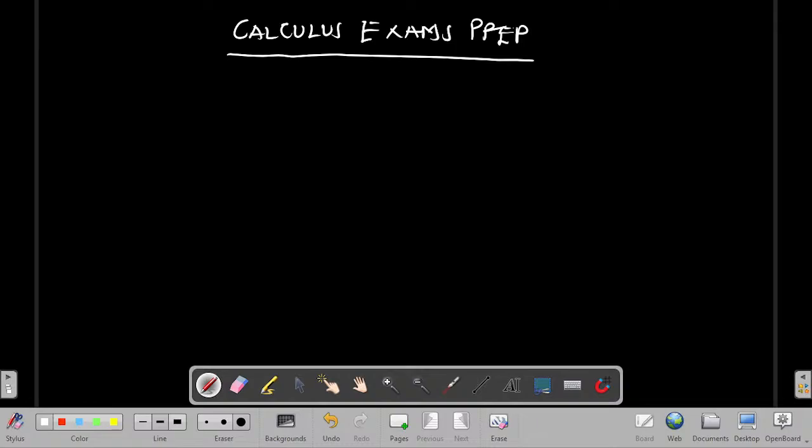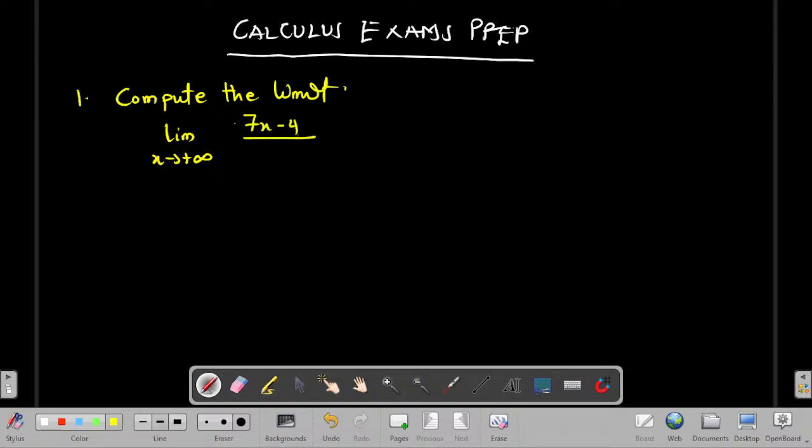Okay, so let's solve this problem. Compute the limit. I have a function here: the limit as x approaches positive infinity of the expression 7x minus 4 over the square root of x cubed plus 5.